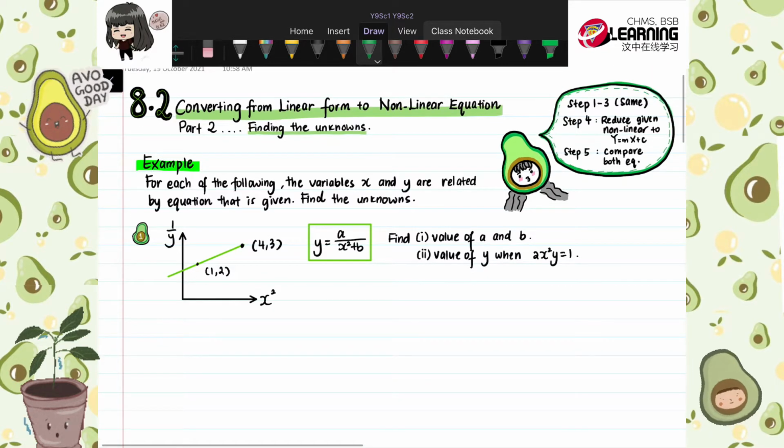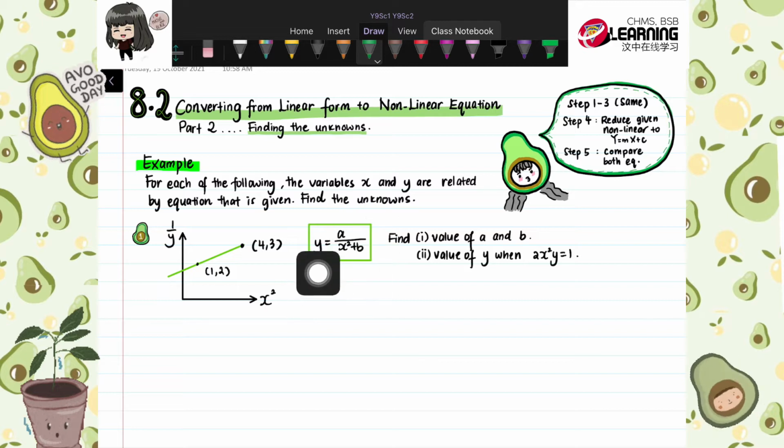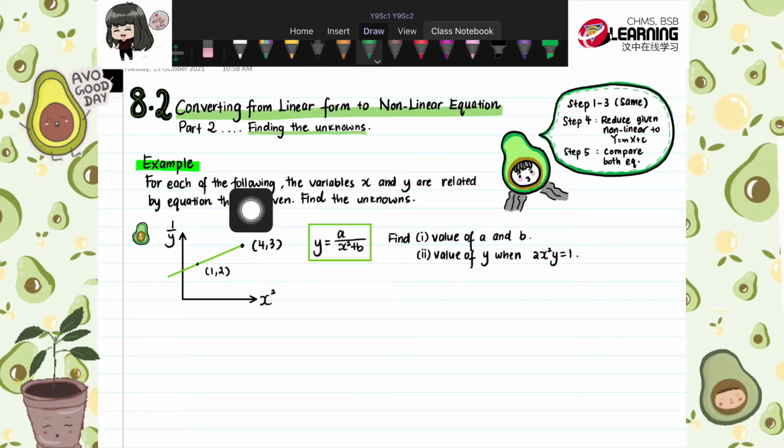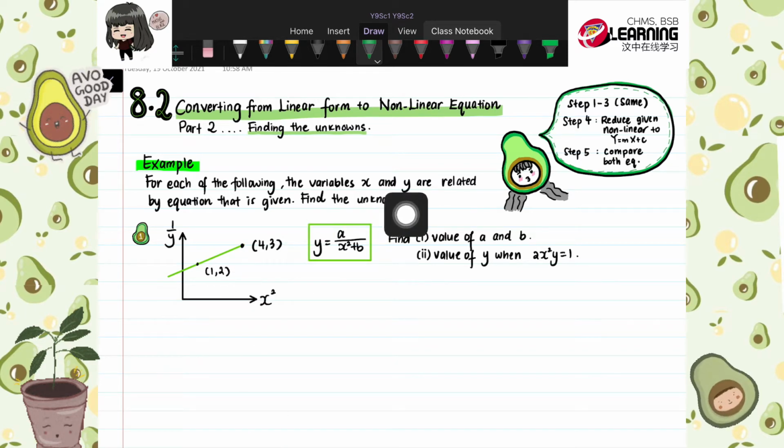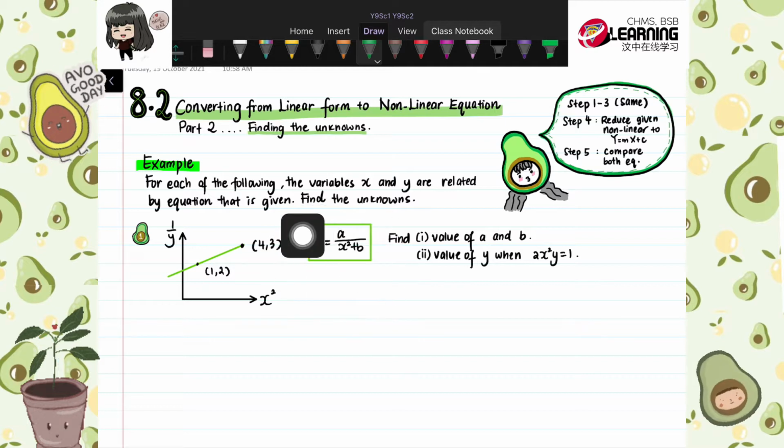So I put one example question over here, and the rest are just straight away the equation that is given. Meaning from question 1 until so on, the variables x and y are related by the equation that is given. Now I'm giving you an equation.